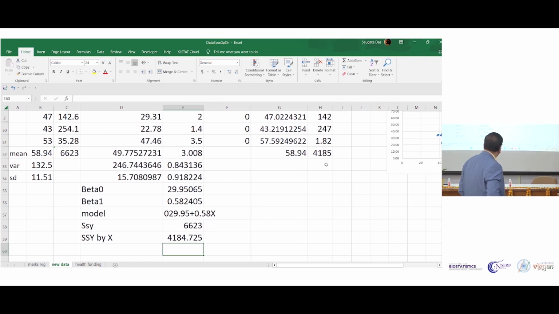SSY of predictor 4184 divided by SSY. SSY means 66. Write ahead. It is also called R square. It is also called R square.